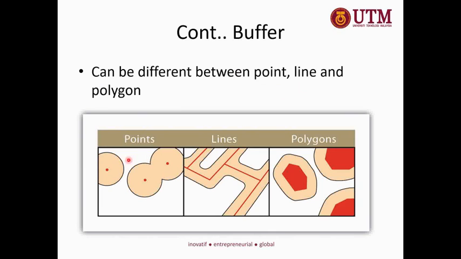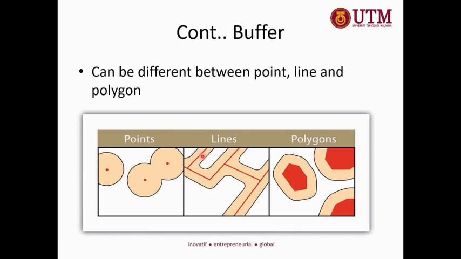Okay, so this is an example of a simple buffer of a point. If you only have one point, it will buffer from that area, and if you have 2 points, they will have some overlay over here. They combine the area. The same goes for a line.